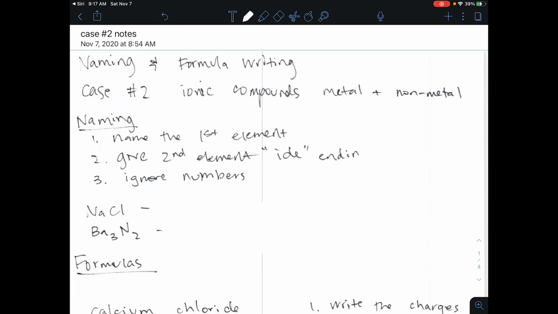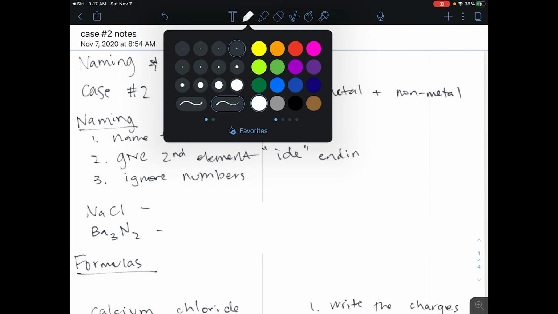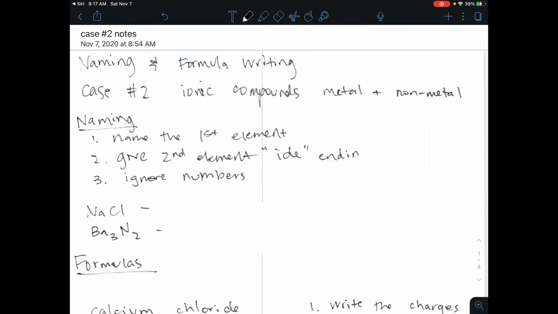So here we have some rules for naming and formula writing for different kinds of ionic compounds. And we're going to start with what we call case 2. There's a very large packet, which you also have access to, that classifies all these different naming and formula writing rules by cases.